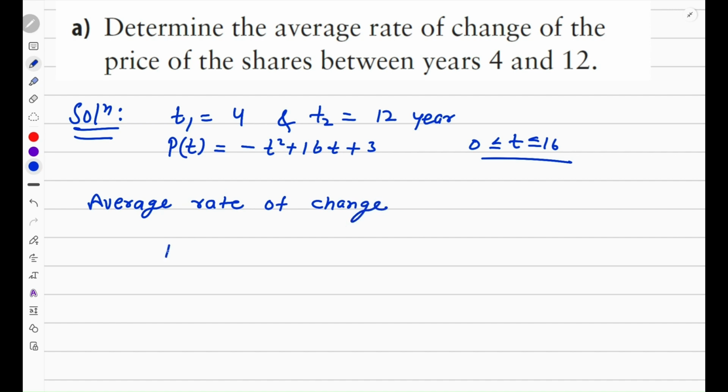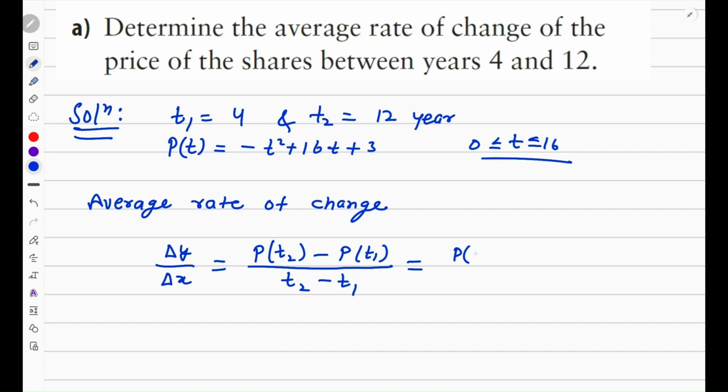So the average rate of change is delta y over delta x. We can say it is P at t2 minus P at t1 over t2 minus t1. So it is P12 minus P4 over 12 minus 4.